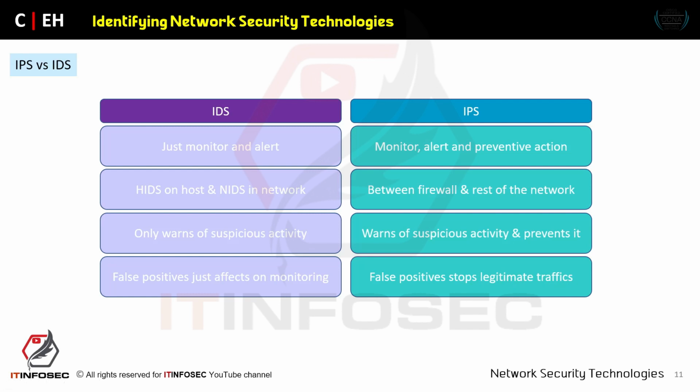But what is a false positive? A false positive is when the sensor, for example the IDS sensor, identifies healthy traffic as malicious traffic and takes action against it according to the type of action determined.